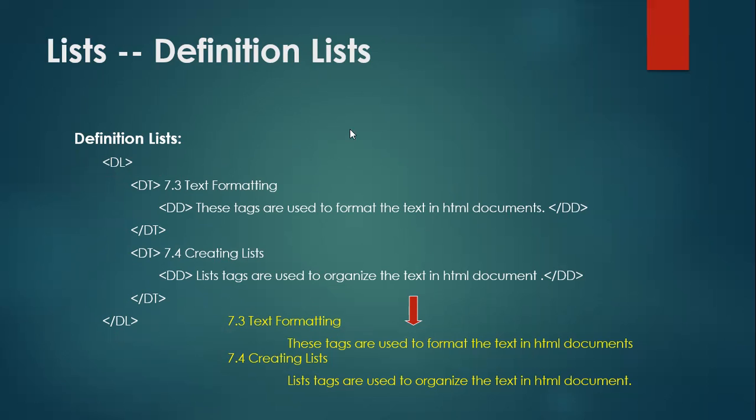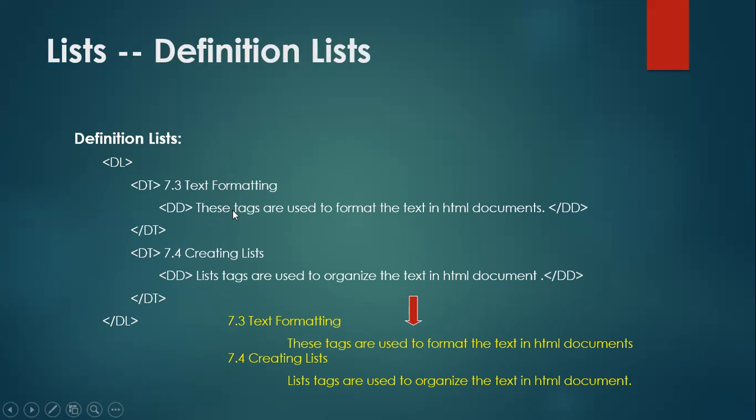Then comes the definition list term, meaning which data term we are going to define, with DT, data term. Here, like in your book, you have in unit 4, 7.3, that is text formatting, and text formatting has some paragraph about what text formatting is in HTML tags.